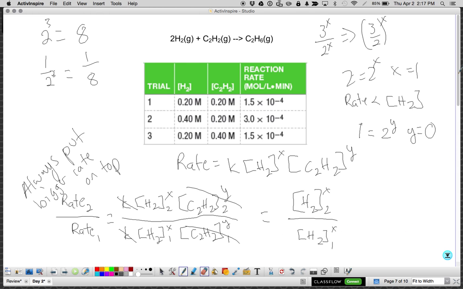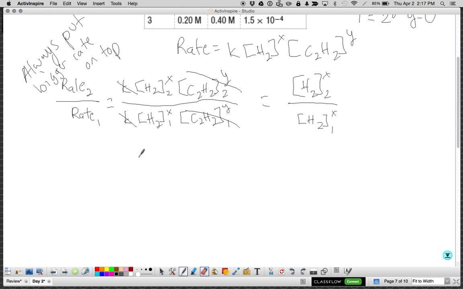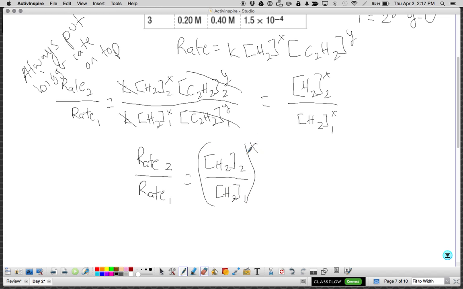So what I can really say, pulling everything together here, is that rate 2 over rate 1 equals the concentration of H2 in the second one over the concentration of H2 in the first one, all of this raised to the x power. Okay, now I can plug in numbers. So this is 3.0 times 10 to the minus 4.